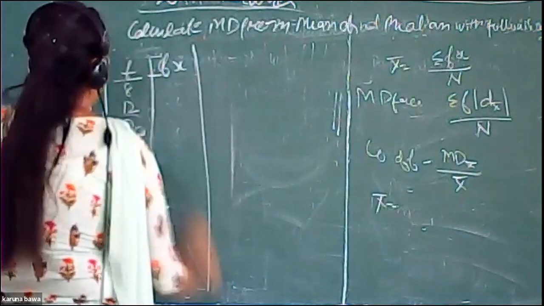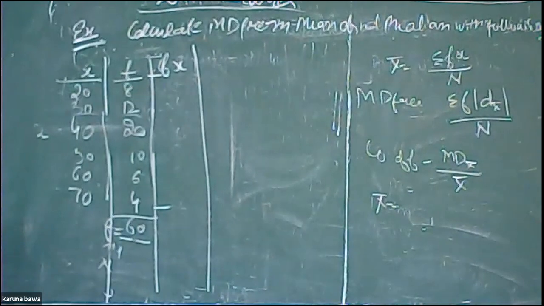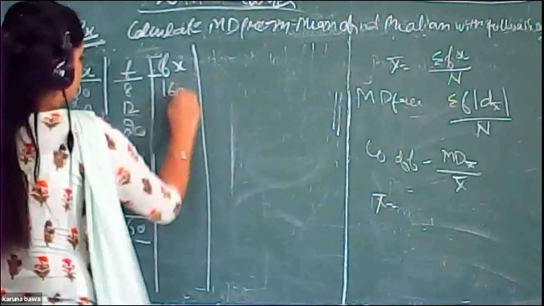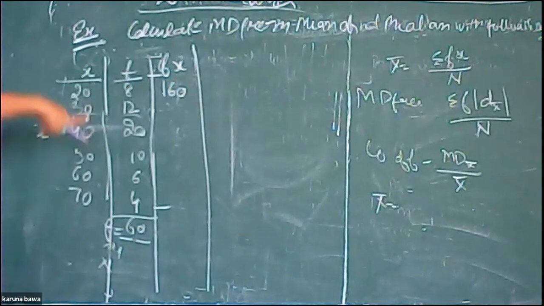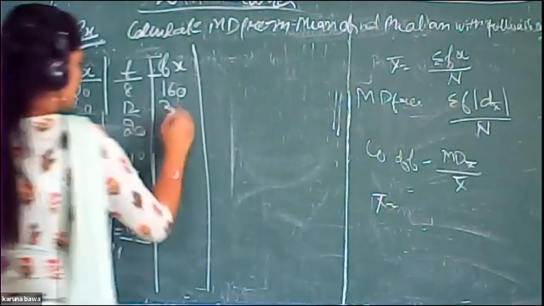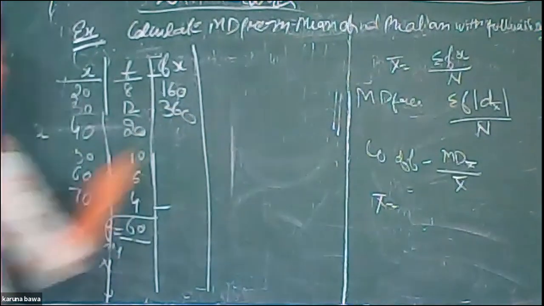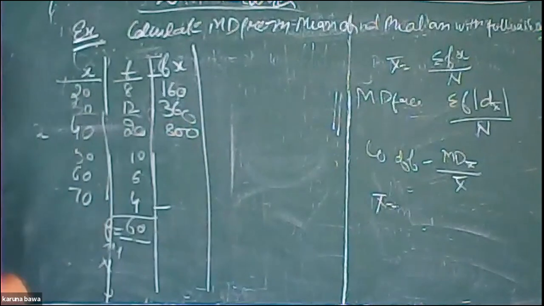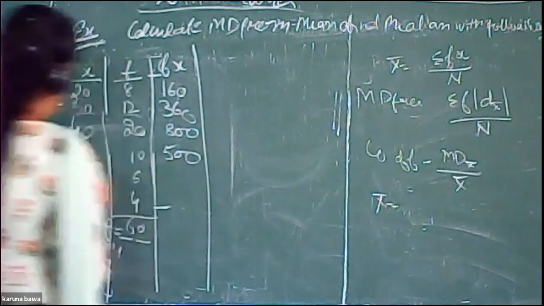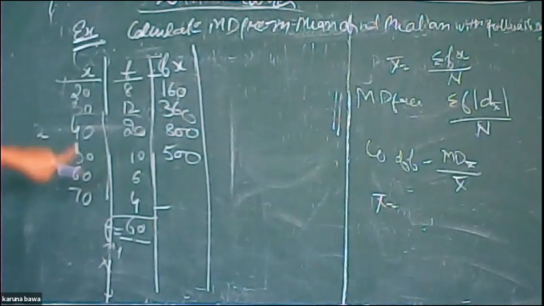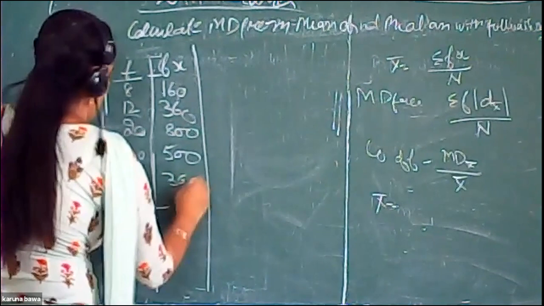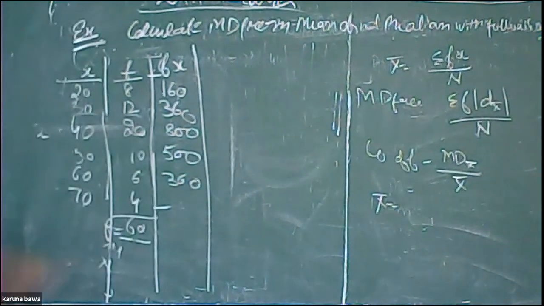That is fx. 20 multiply 8, that is 160. 30 multiply 12, that is 360. 40 multiply 20, 800. 50 multiply 10, 500. 60 multiply 6, 360. 70 multiply 4, that is 280.